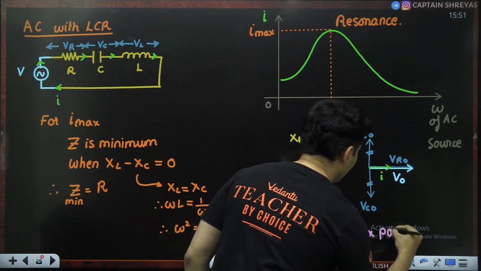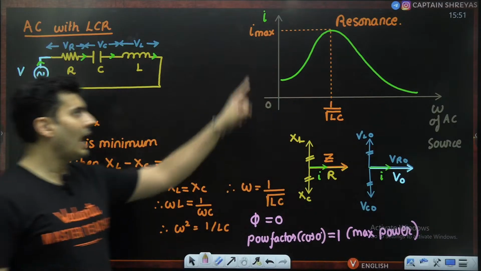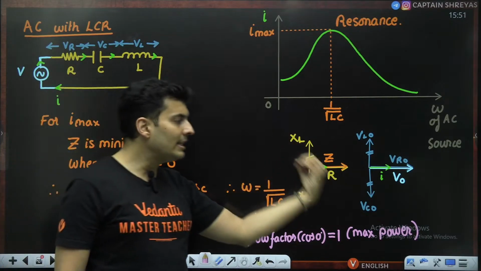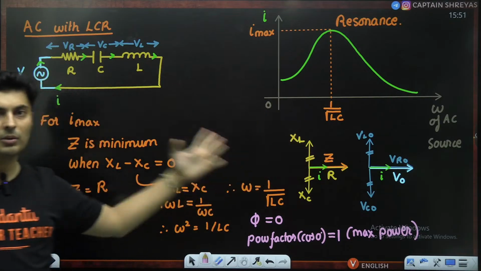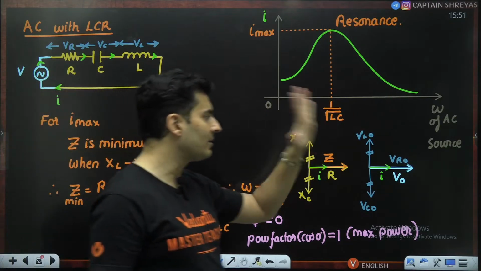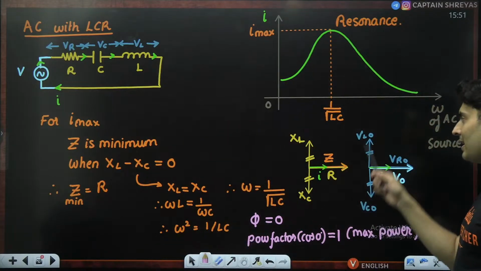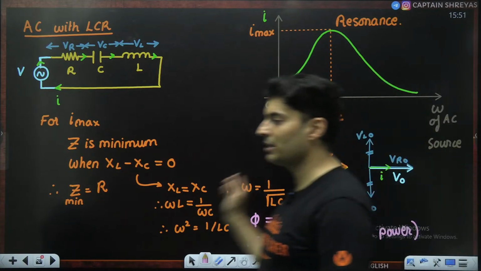So maximum power is going to be delivered in the AC circuit at resonance. Maximum current, maximum power, least impedance, the highest delivery of power is going to happen. Everything is going to be in sync. Voltage and current will be in sync because XL, XC, VL naught, VC naught will end up cancelling out each other.